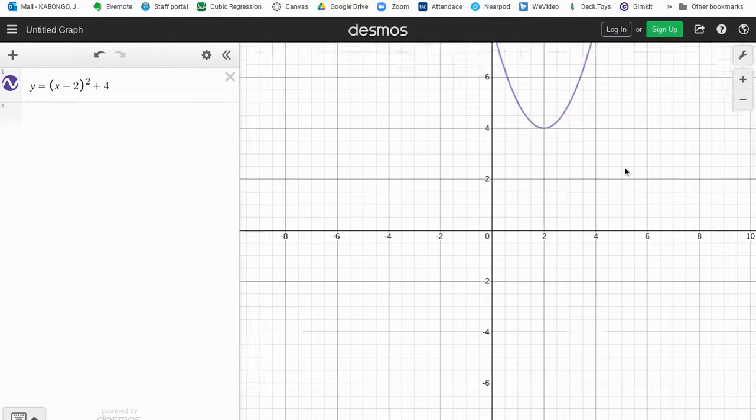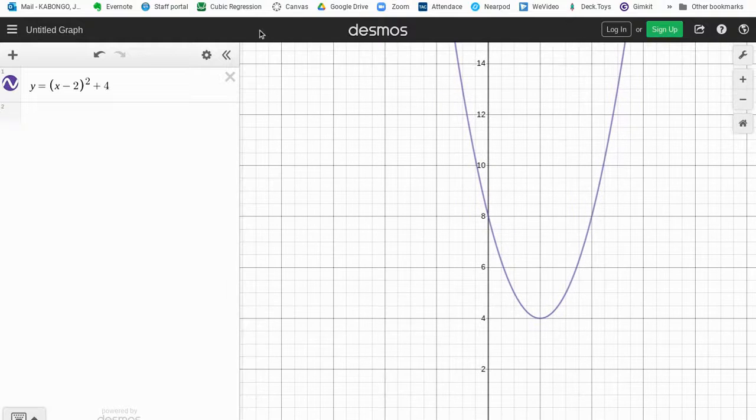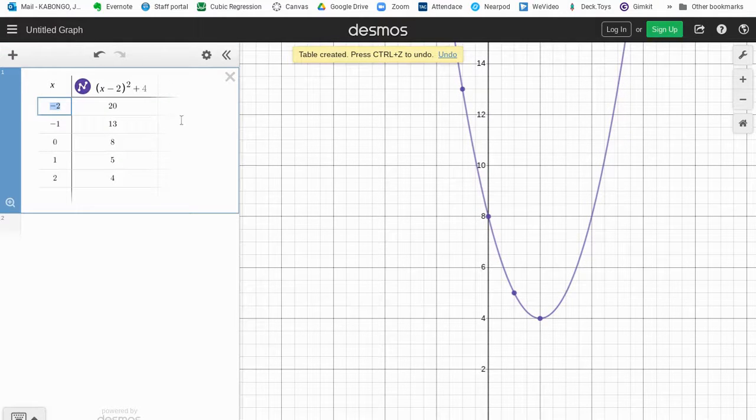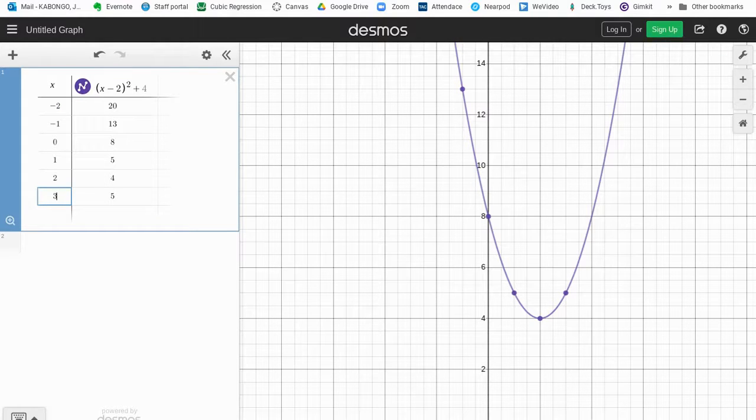All right, here's your graph. If you just want to see your graph, it's always here, but I need a table. So you click table. And then I believe we need 3, and we need 4.